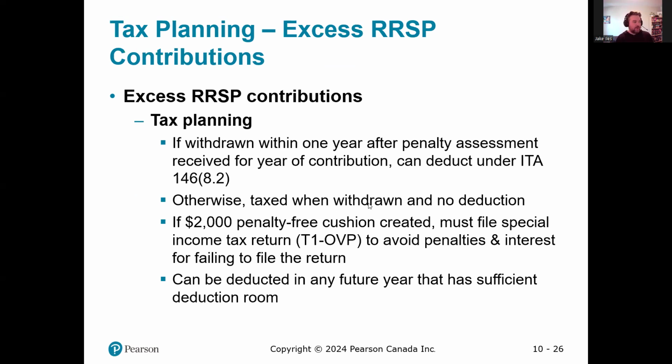Your tax when withdrawn, no deduction, but the real item comes into is that $2,000 penalty-free cushion means if someone wanted to maximize the outcome of their RSPs, they can contribute their contribution space plus $2,000. So if you're maintaining that $2,000 over threshold for 40 years, that can add up to a bit of money.